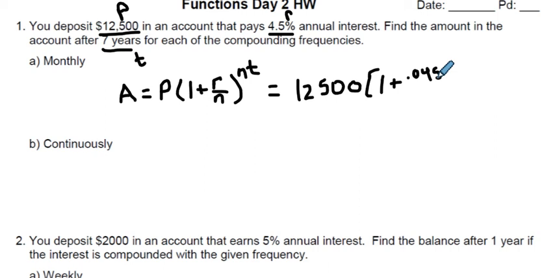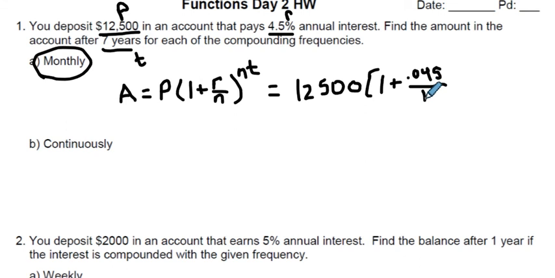I'm doing this with my finger on a mouse pad, so that's why it's going a bit slow. Over N, so since it's compounded monthly, your N is 12. Your N is always how many times you compound it per year. So if it's monthly, that means it's 12 times a year.